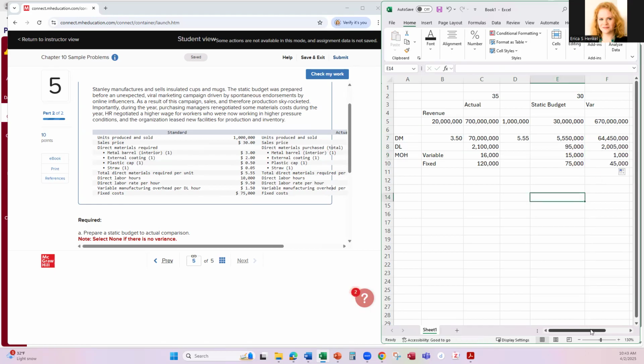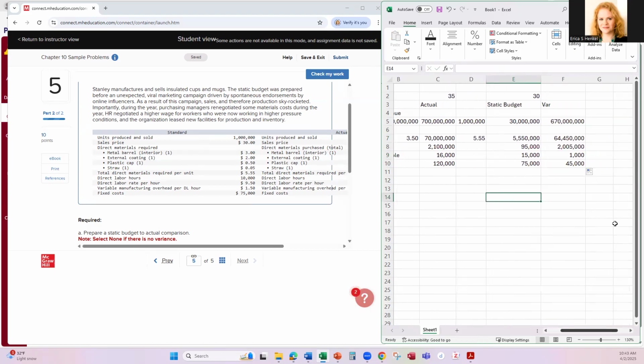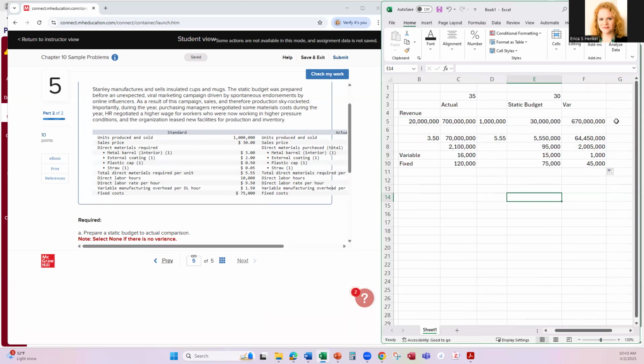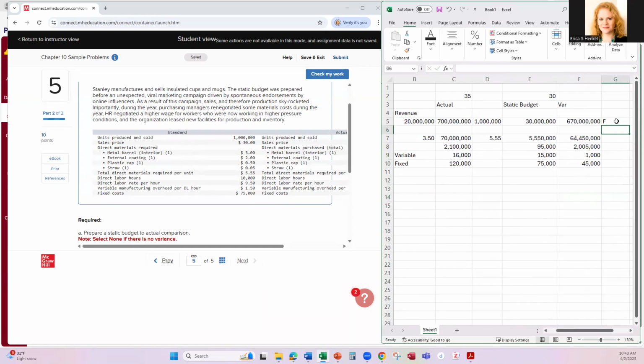So we've got these variances here, right? Arguably having way more revenue is favorable, we said, right? But here we had 70 million in actual costs, which is way more costs, right? All of these are way more than we anticipated. So they all are unfavorable.